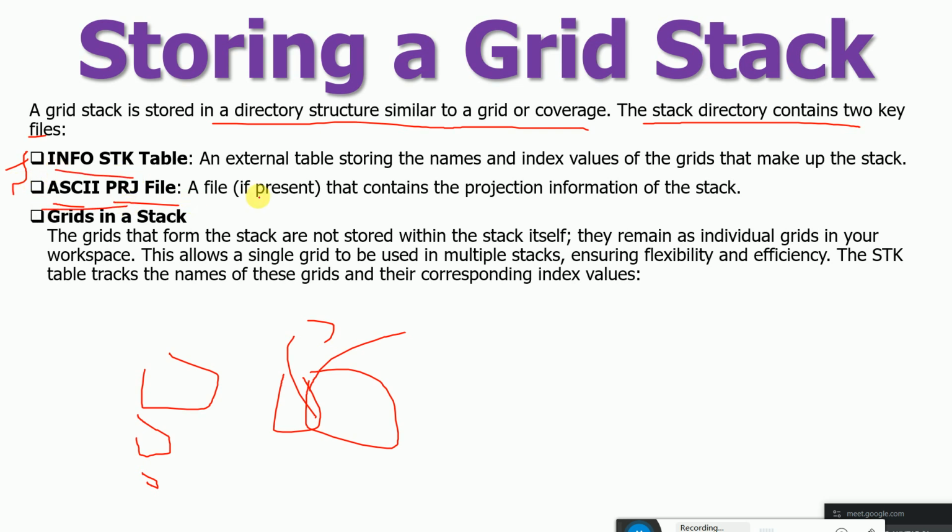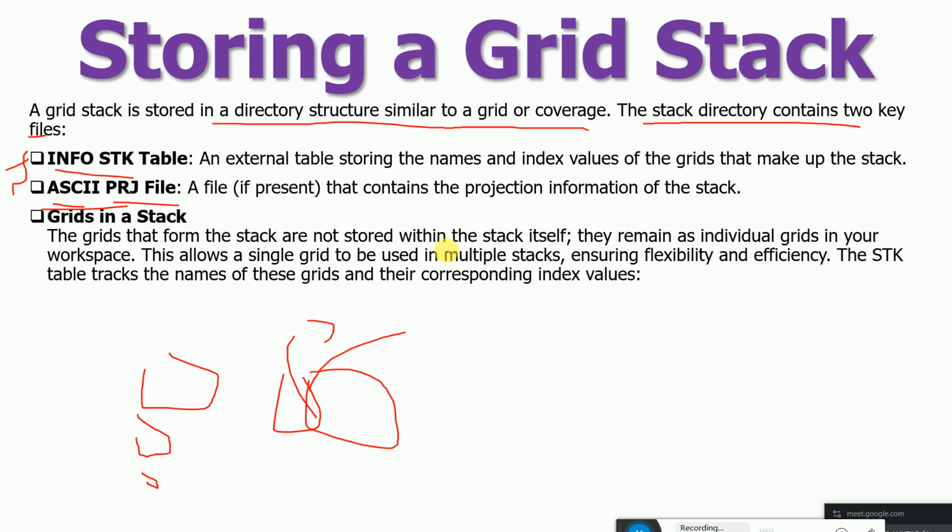So what is inside this? That contains the projection information of the stack, and the second is the naming of the overlapping grids. The grids that form the stack are not stored within the stack itself. They remain as individual grids in your workspace. This allows a single grid to be used in multiple stacks, ensuring flexibility and efficiency.